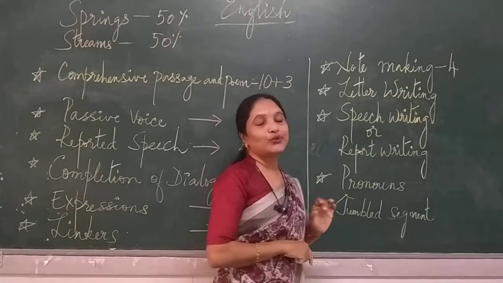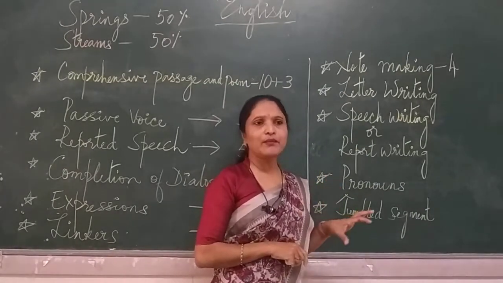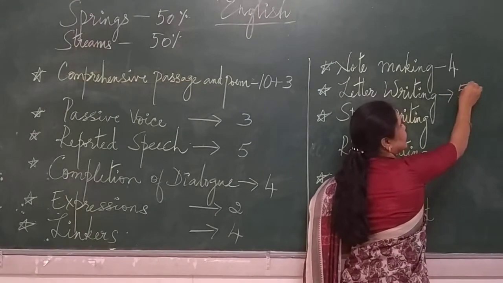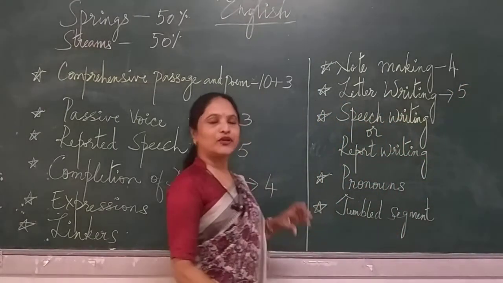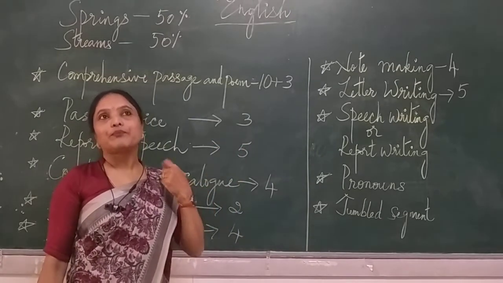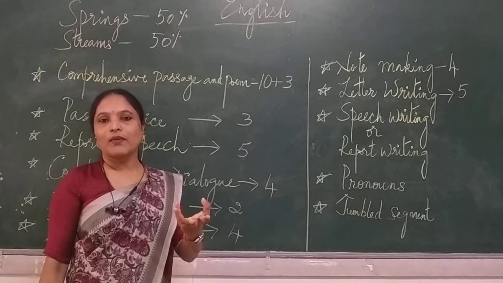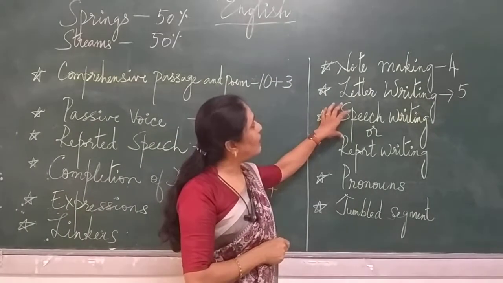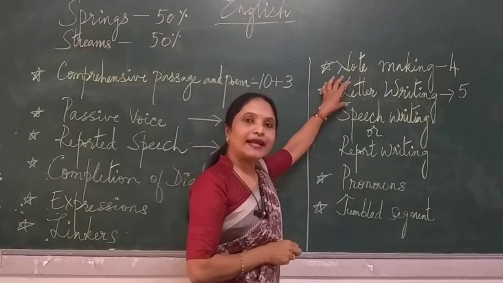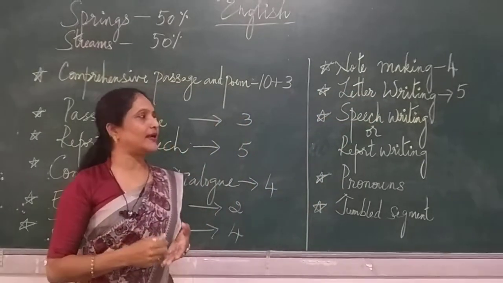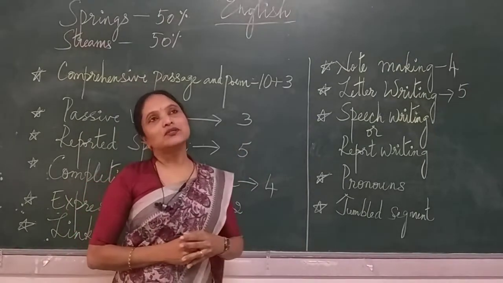Then we come to letter writing, which is very important and where you can score full marks, that is 5 out of 5, if you follow my message, how I told you to write the letter, the proper method of writing a letter.